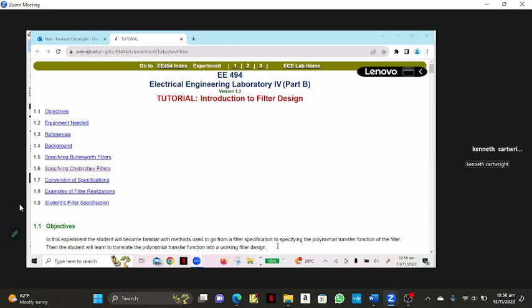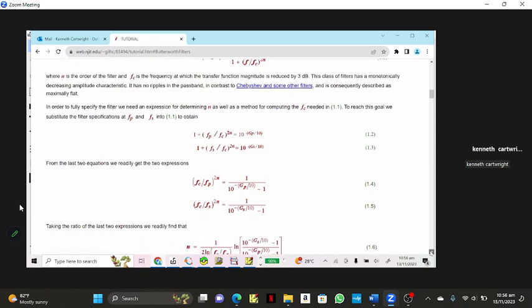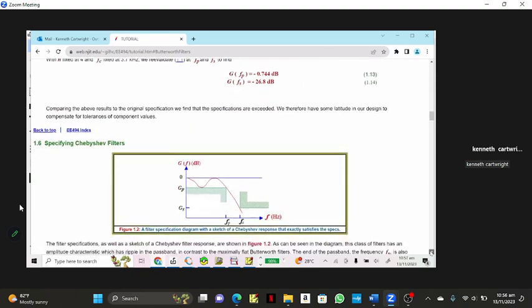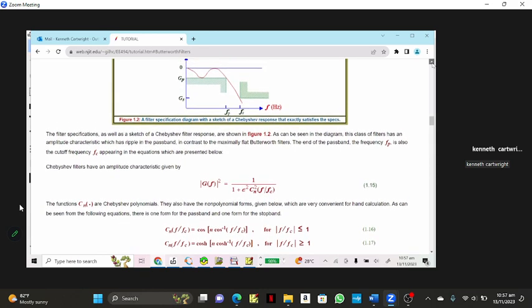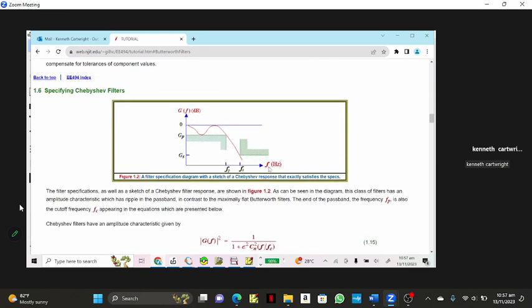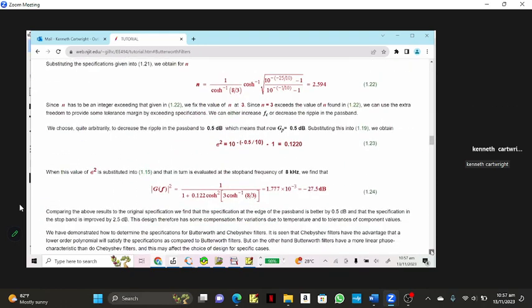For example, there are Butterworth polynomials, and there are Chebyshev polynomials. Chebyshev has ripples in the passband. Each of these filters has a corresponding polynomial.